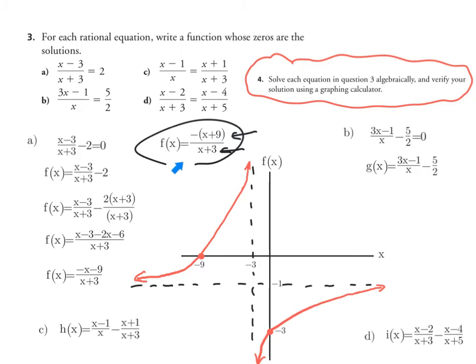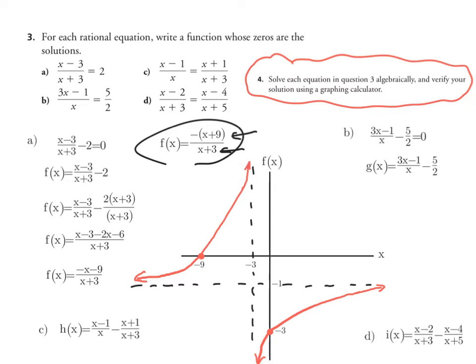But I did want to show you all of this because eventually we're going to get into rational inequalities where you're going to have to see when it's greater than 0 or less than 0. And if you can draw the graph every time, yeah, we can see when it equals 0, no problem. But now we could also see when it's greater than 0. Anything between -9 and -3, it's greater than 0.